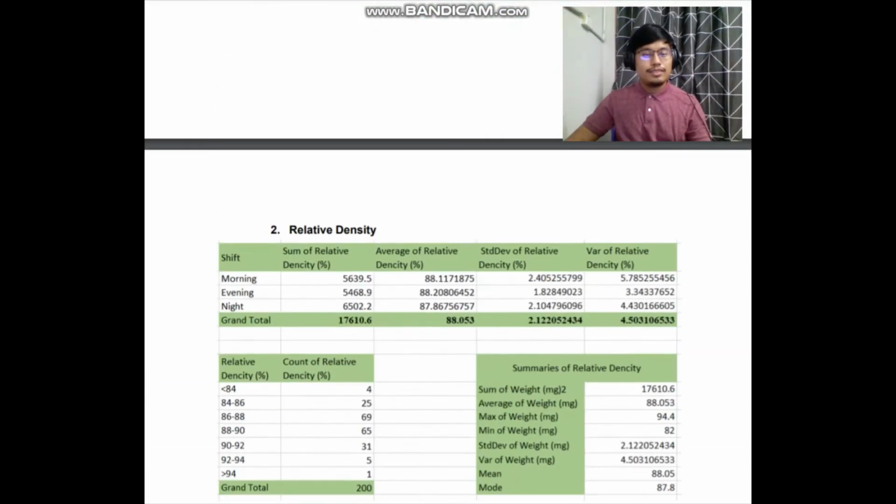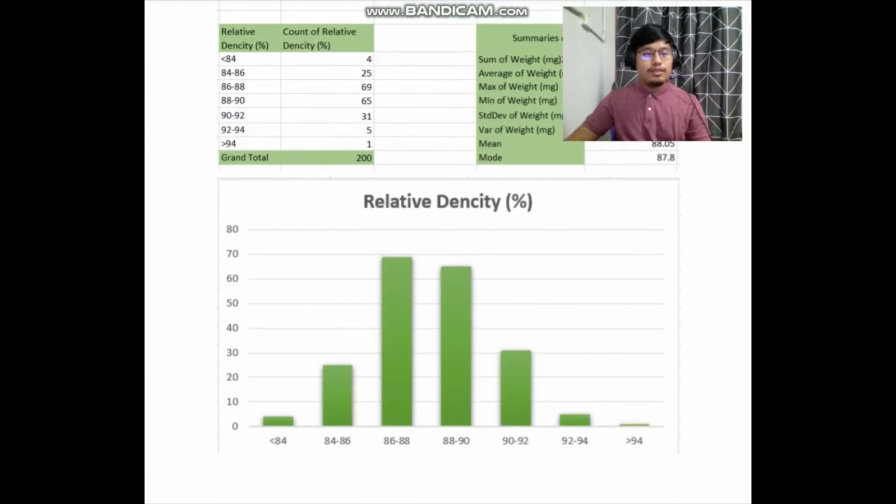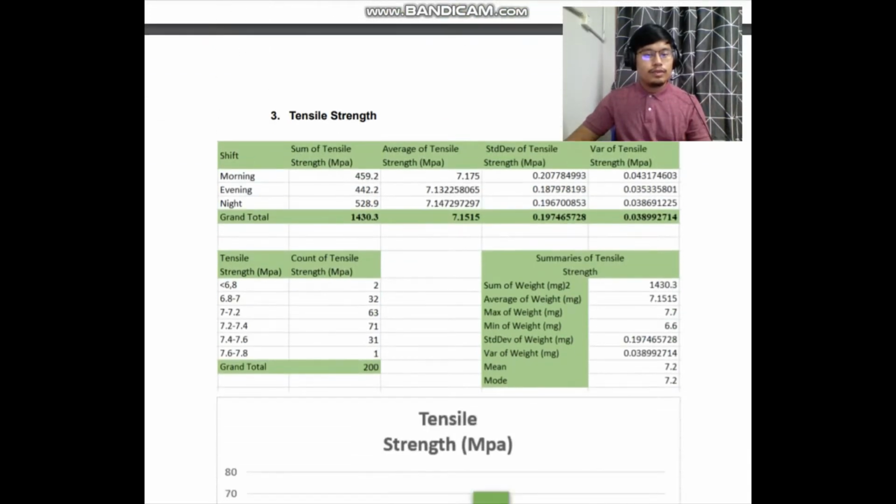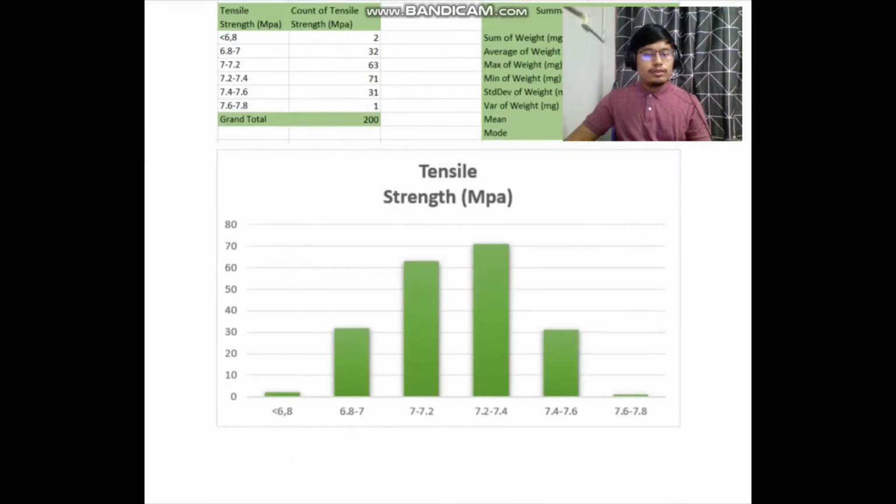Next, the highest frequency of the relative density is between 86 and 88%, which is 69. Lastly, the highest bar of the tensile strength is in the range of 7.2 to 7.4, which is 71.